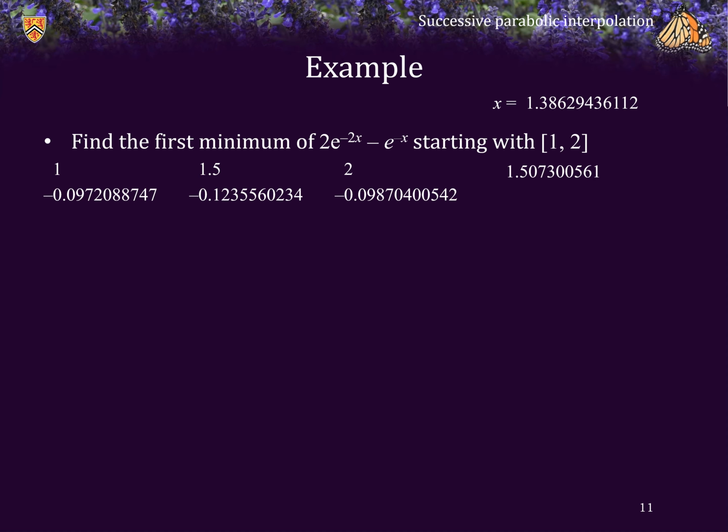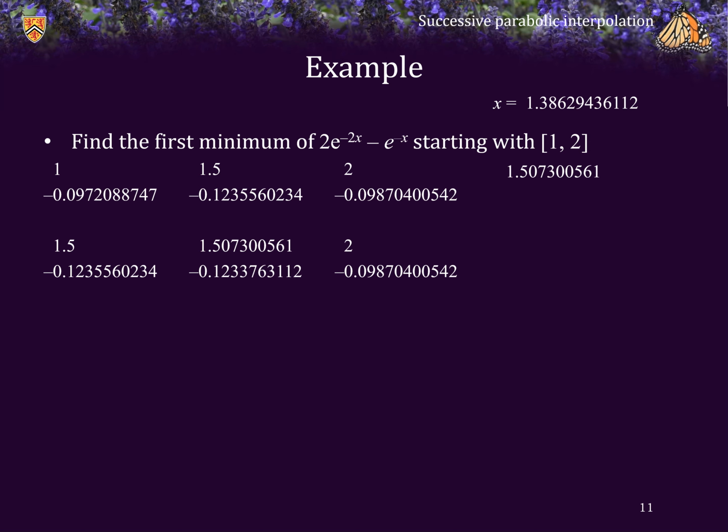Now, looking at the 3 values we started with, the one that has the largest value of the function is x is equal to 1. So f evaluated at the other 2 points has a value that is more negative. So we will discard x is equal to 1 and replace it with x is equal to 1.5073 and change.